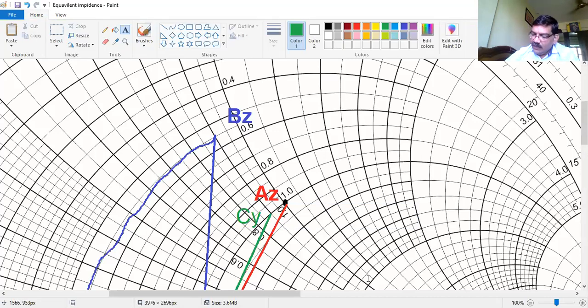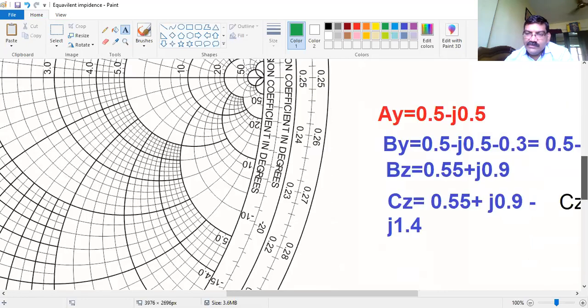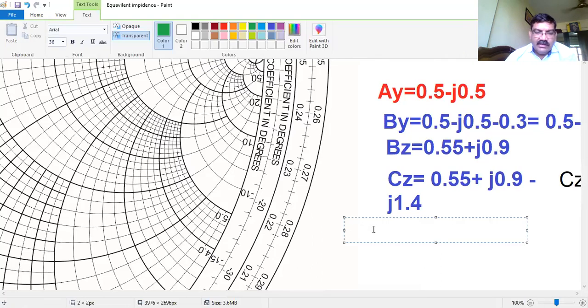Now in the CY, what do I have to do? I'll write CY equals the CY I got, 1 plus j0.9.